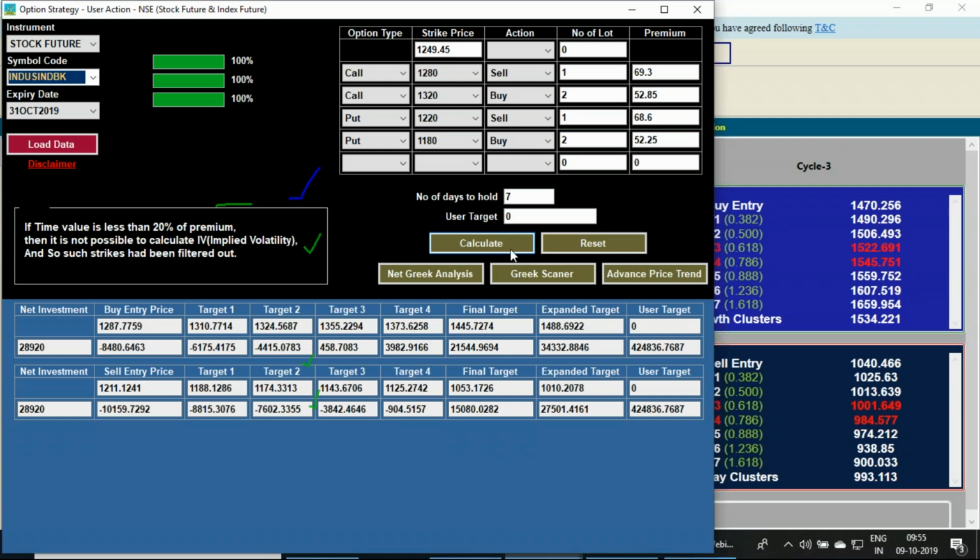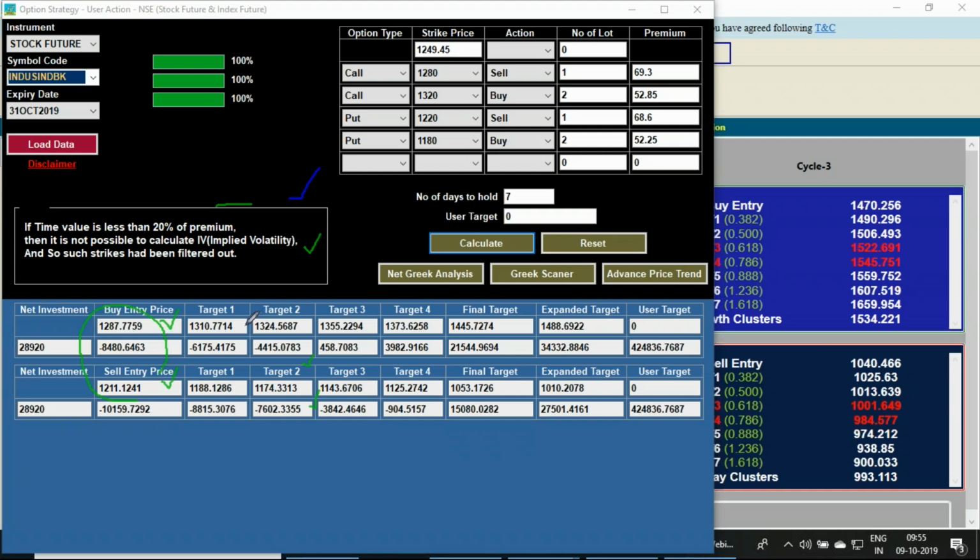So this says that if we are consolidating post result, very carefully listen to this. If you are consolidating between 1287 to 1212 post result, your liability will be 8,000 to 10,000.